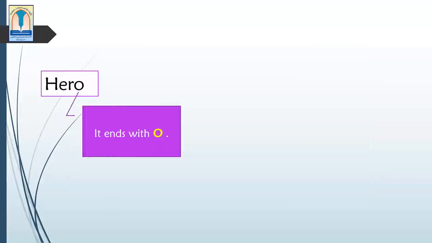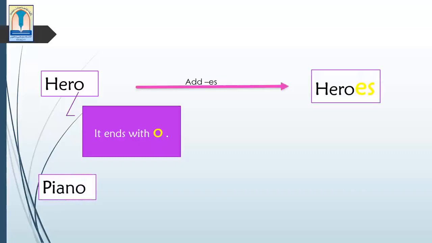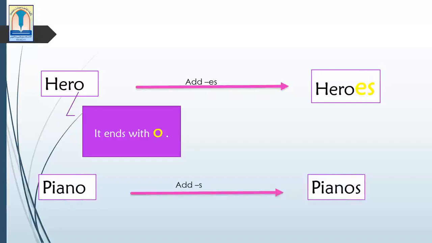Over here we can see another word. What does it end with? It ends with an O. What rule is applied once we have a word ending with O? We add ES. Heroes. Look over here. This is piano.